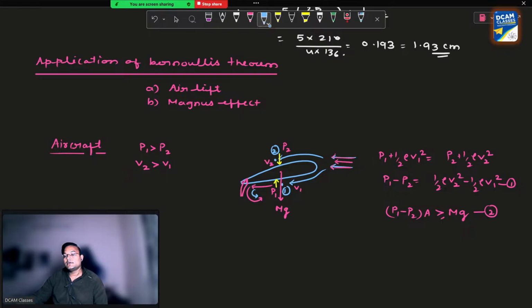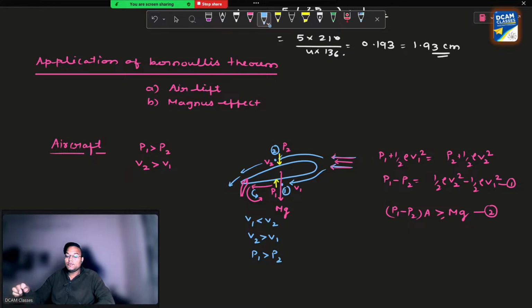The velocity V2 is moving like this. There is no restriction in the path of V2, but there is restriction in the path of V1. So V1 will become less than V2. Means V2 is greater than V1. Then P1 will be greater than P2. And it depends on how much V2 is greater than V1.